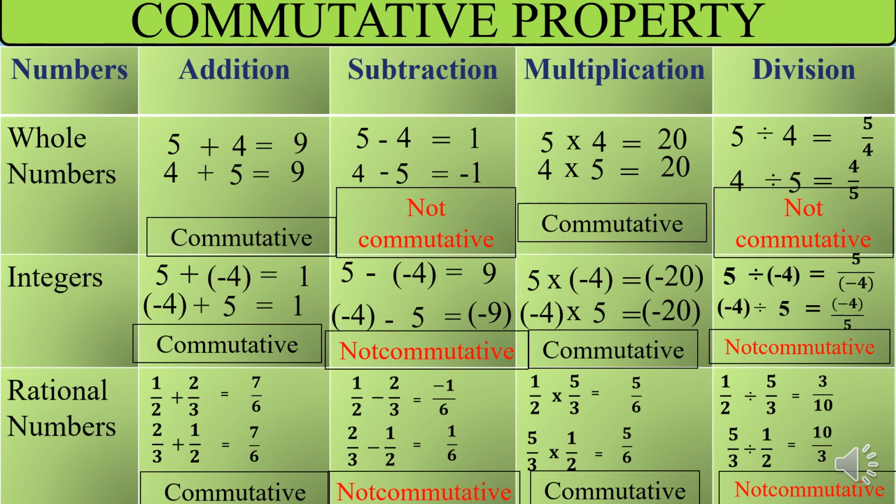For integers, we can say that addition is commutative for integers, multiplication is commutative for integers, but subtraction and division are not commutative for integers. And for rational numbers, we can say that addition is commutative for rational numbers, multiplication is commutative for rational numbers, but subtraction and division are not commutative for rational numbers.